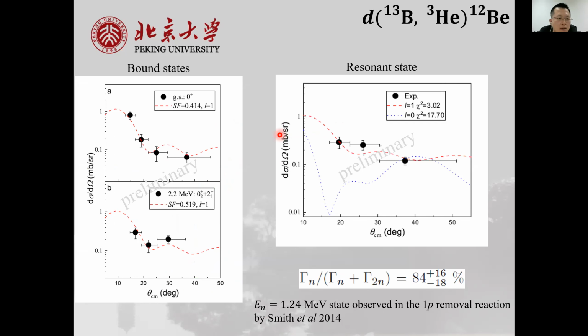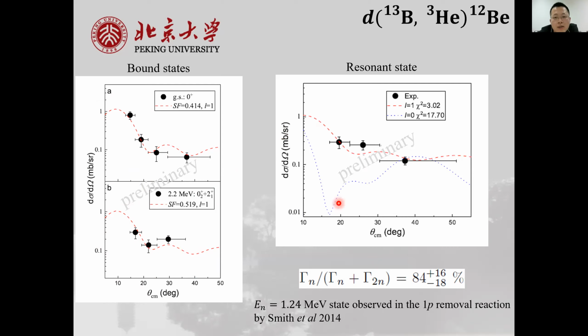Okay, we also analyzed the differential cross section. This is for the ground state, and this might be another state around 2.2 MeV. They match the theoretical cross section, which is also calculated with DWBA.